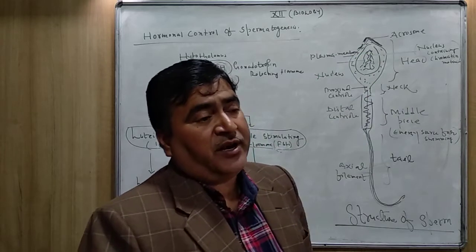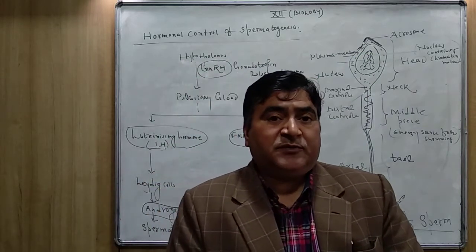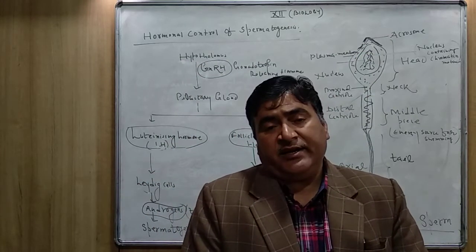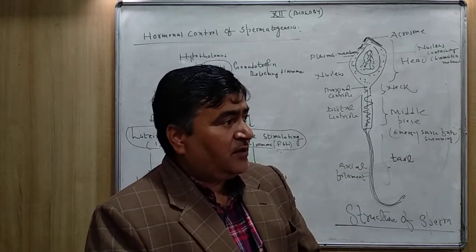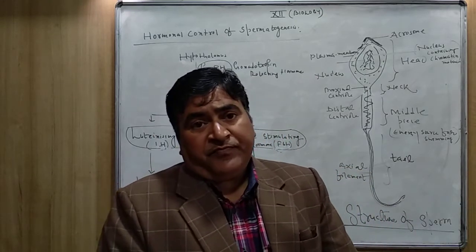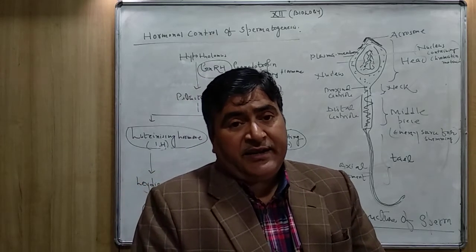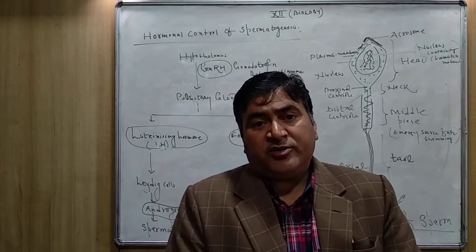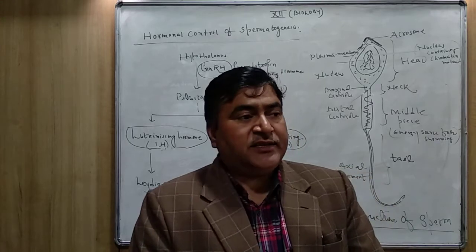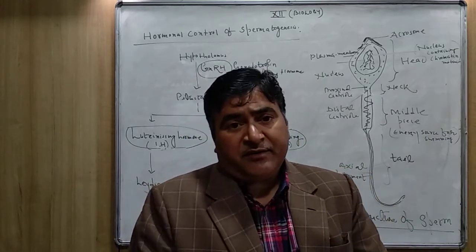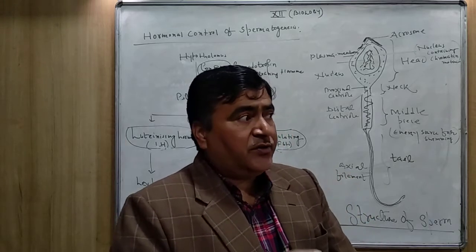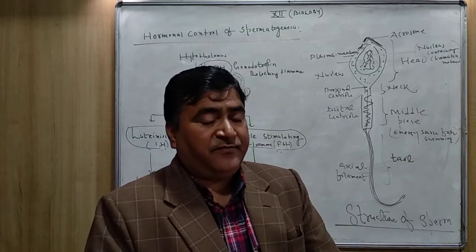It's very important, and the acrosome is produced by a cell organelle called the Golgi apparatus. The acrosome contains hydrolytic enzymes, and these enzymes are helpful to rupture the limiting membrane of the ovum during the process of fertilization.